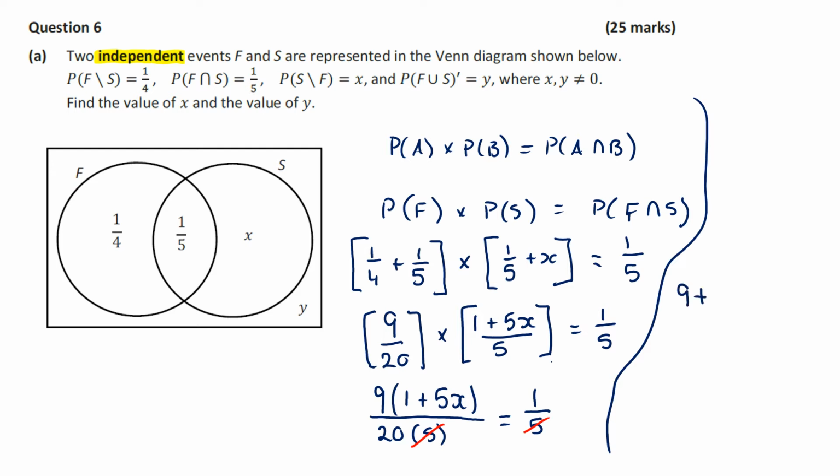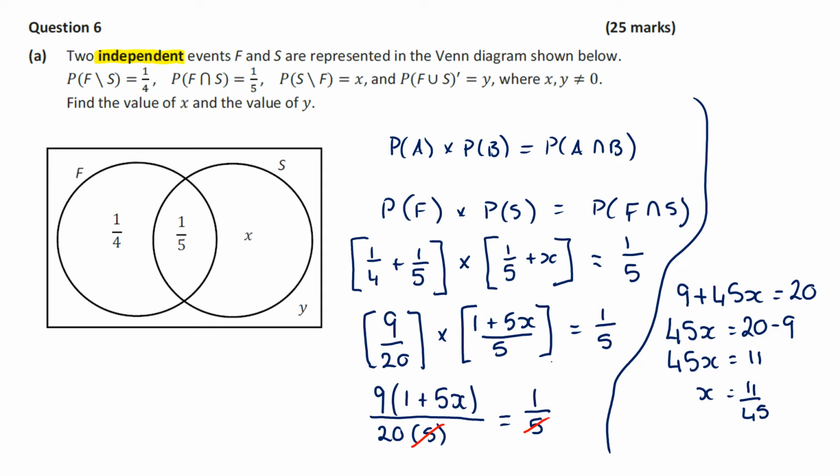We get 9 plus 45x equals 20. I've lost my 5, so it should be 45x. Go again: 45x is equal to 20 minus 9, which is 11, so x is equal to 11 over 45. So that's our value of x.